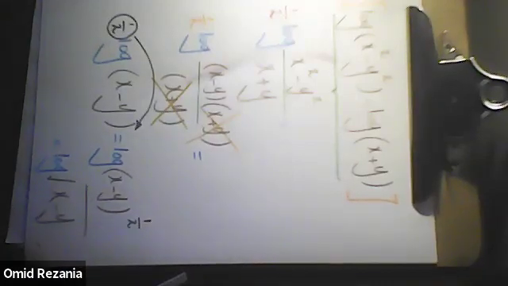And the power of 1 over 2 is what? It is the square root, correct? Square root of x minus y. And I'm done, because as you remember, the power of 1 over 2 becomes the square root of that expression.